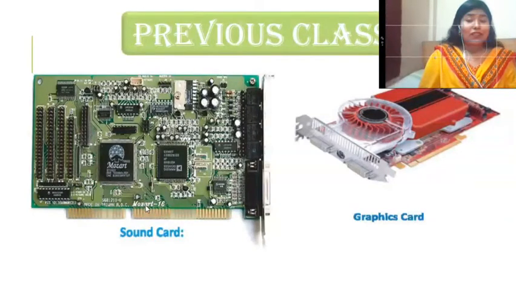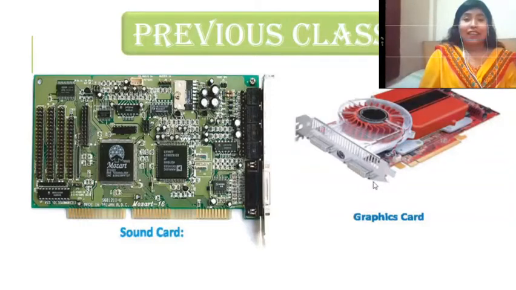Sound card works both as an input device and output device. Sound card transmits the digital data into analog sound. That's why we can hear music or any song or any audio signals because of this sound card.